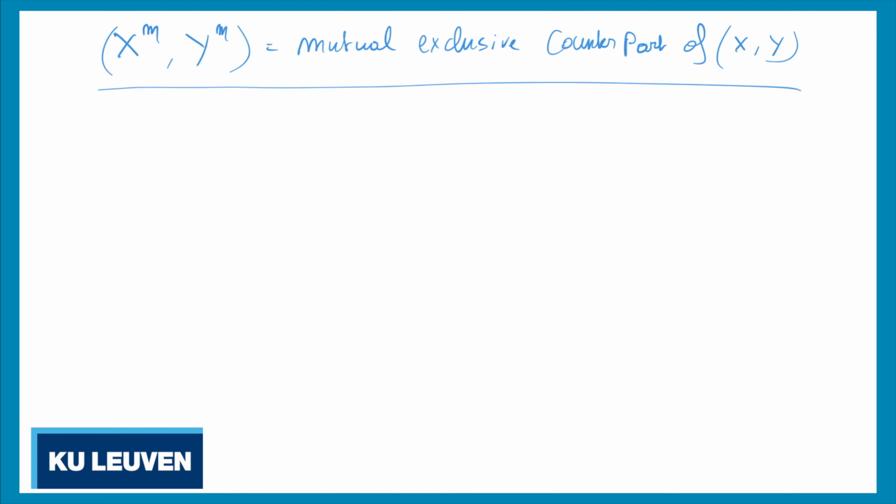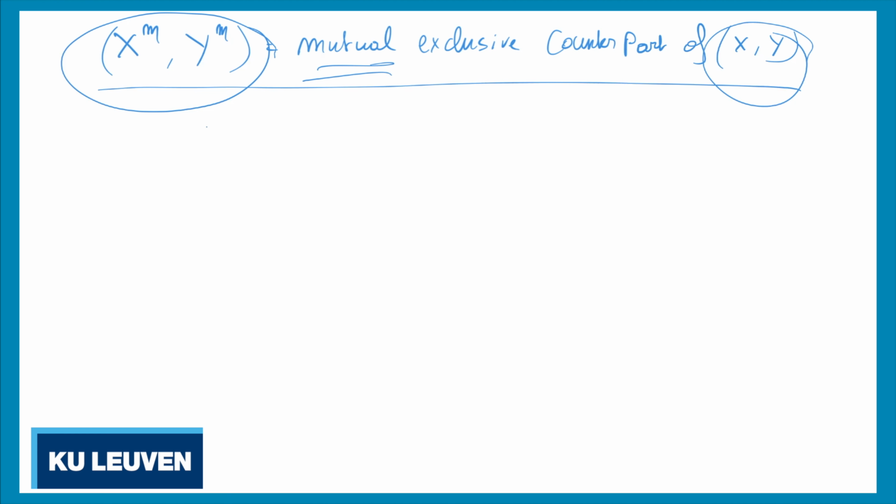On the previous slides, we considered the independent counterpart of the random vector (X,Y). So we considered a random vector having the same marginal distributions as (X,Y) but an independent copula. Let's now look at the random vector (X^m, Y^m), which is the mutual exclusive counterpart of our random vector (X,Y).